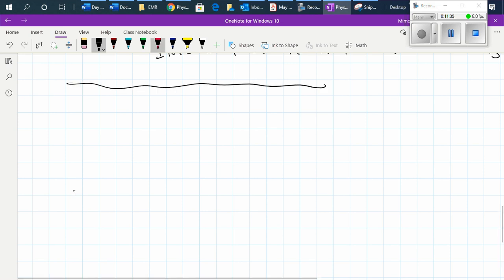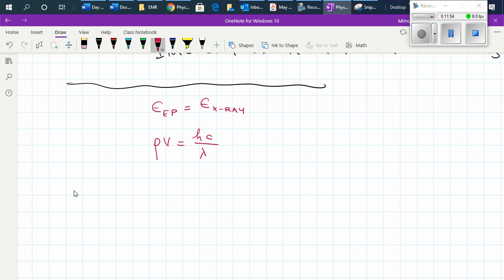Okay, so now let's find the energy or the wavelength, the minimum wavelength that the photons have, using the fact that the electric potential energy is equal to the energy of the X-ray. So from here, QV is equal, since we have parallel plates, to hc over lambda, because we have an X-ray that is EMR. So lambda will be equal to hc over QV.